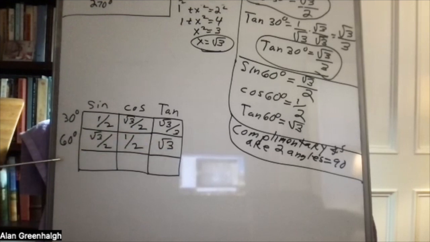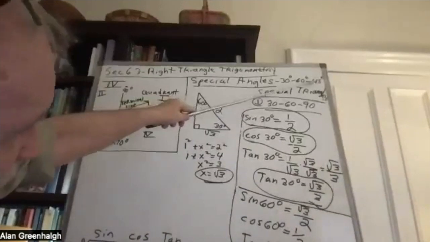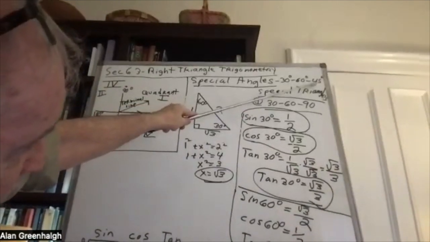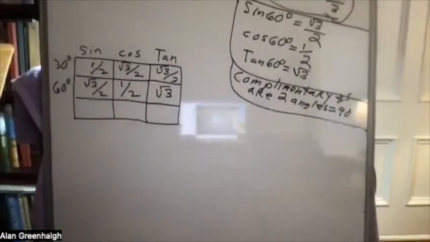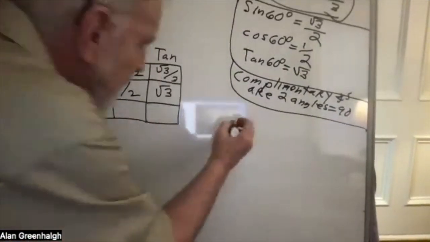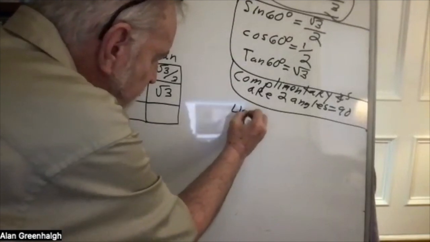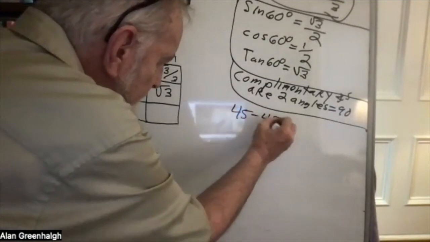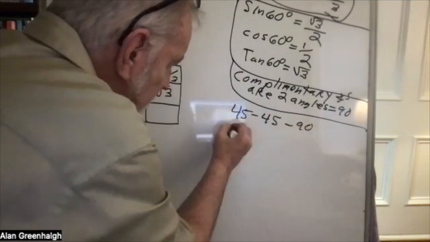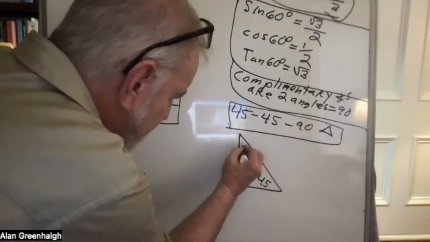Now, why did I have a 3rd line over here? This is for 30, this is for 60. Because I originally told you that there were 3 special angles, and the 3rd one is based on the 45-45-90 right triangle. Now we're doing 45-45-90.